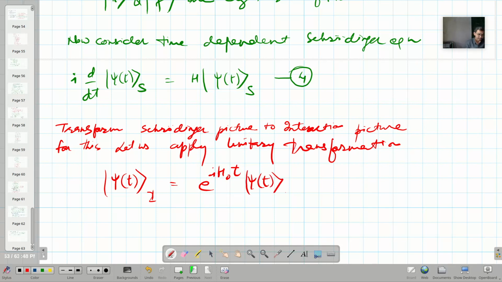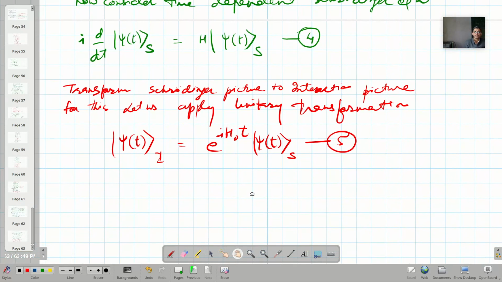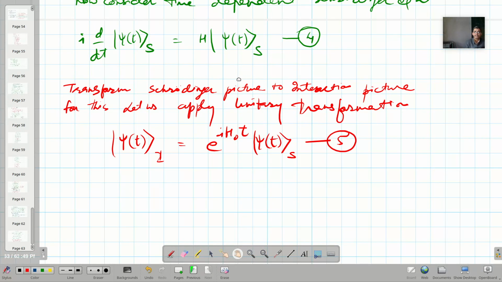So this is a unitary transformation which we are using right here. But we need an equation like this, but in place of s we should have t here. So for that, what should we do?